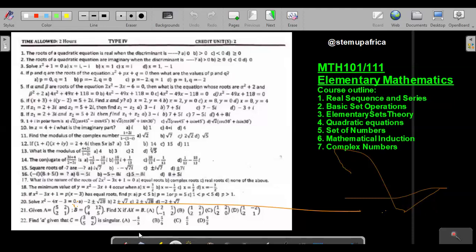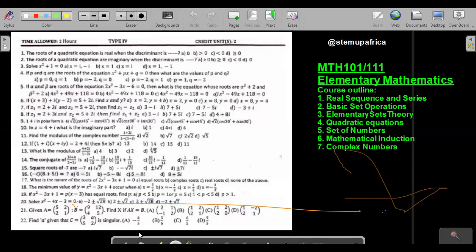The person has started. Okay, welcome everybody. Today we'll be looking at elementary mathematics with various topics, starting with sequence and series, that is the AP, GP, harmonic series, and the quadratic series. Basic set operation, elementary theory, quadratic equations, set of numbers, mathematical deductions, and complex numbers.